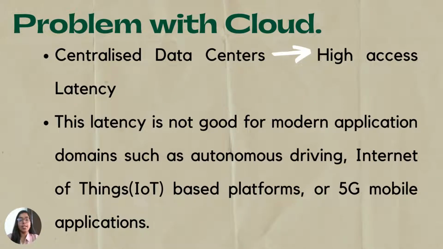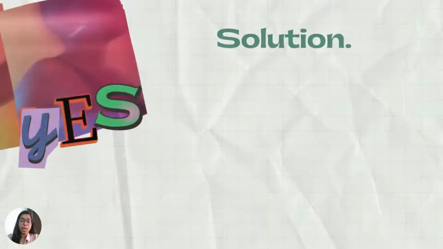Cloud data centers are centralized and thus typically far from the end user, resulting in high access latencies. This is sufficient for many application domains such as enterprise or web applications, but not sufficient for more of the modern application domains such as autonomous driving, IoT based platforms, or 5G mobile applications, and so many.